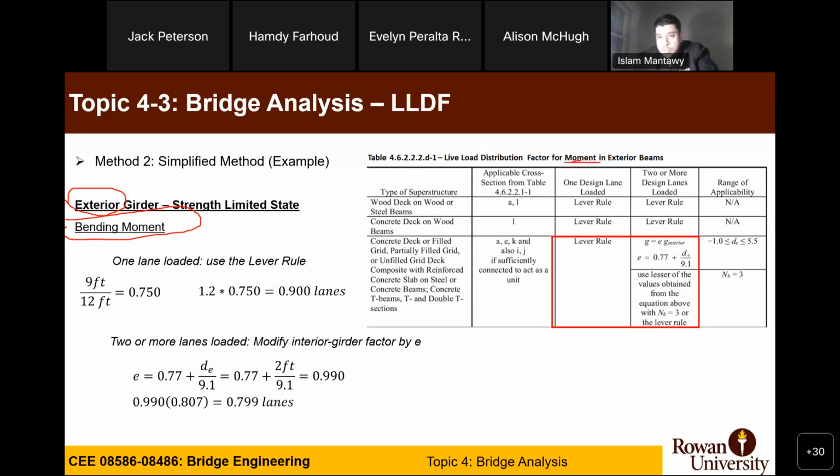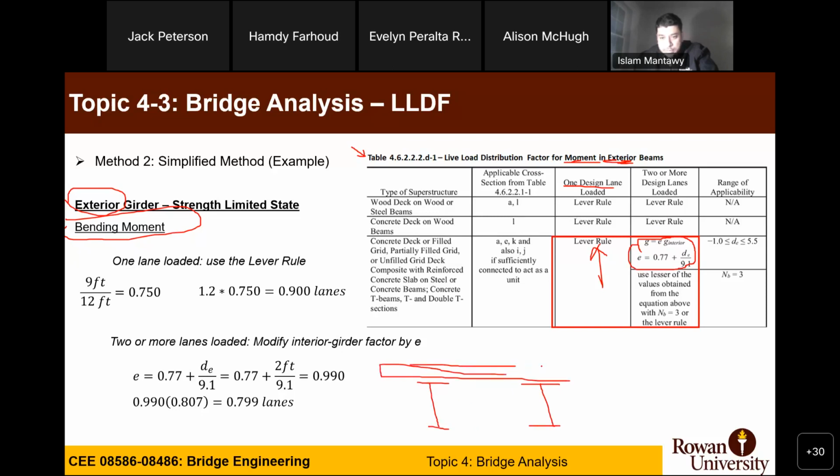We always go to the moment and exterior here, so make sure you use the right table. Our problem has the lever rule for one lane. If you remember, this is your interior girder, this is maybe your exterior girder, and this is your bridge deck.